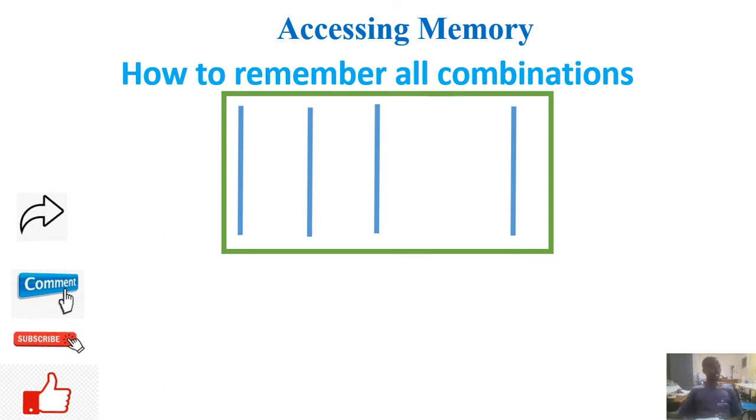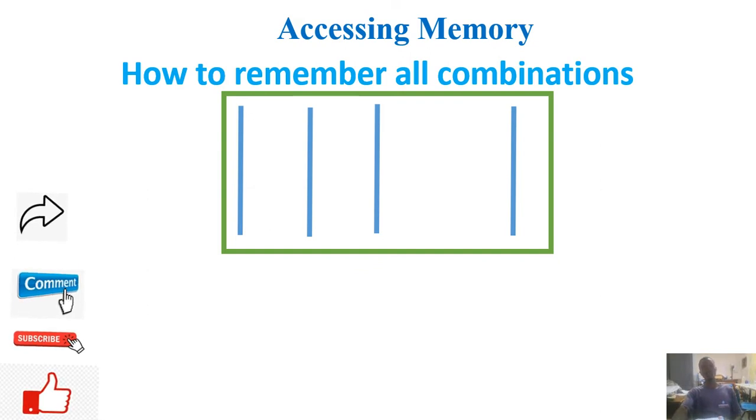Right. So these are the columns. What combinations can we have? You may have only one register, that is BX. You may choose to use only BX to access memory, or only BP to access memory.